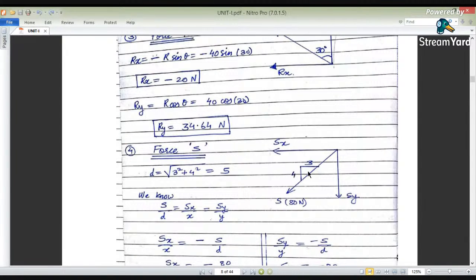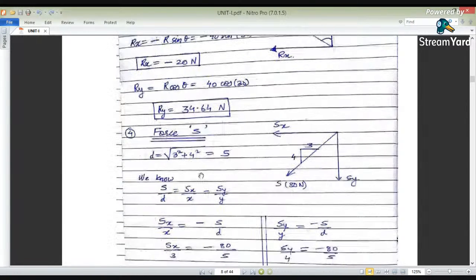We find the distance by Pythagoras theorem: the square root of 3 squared plus 4 squared comes to 5. That means the distance is 5 meters. Again we find S upon d equals Sx upon x, where Sx is parallel to the distance 3 meters.